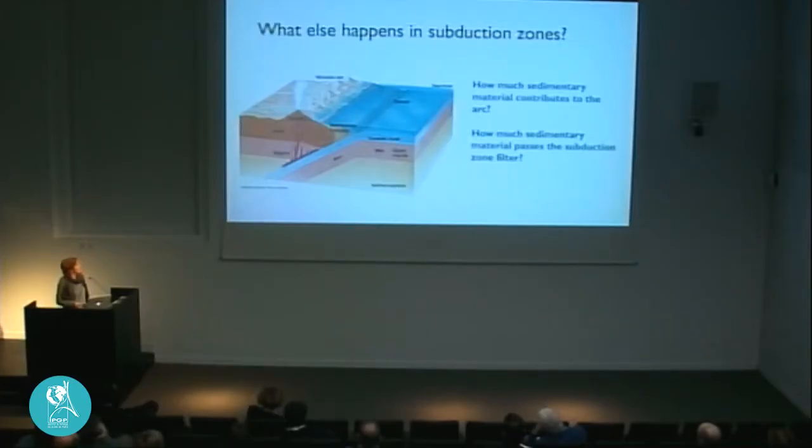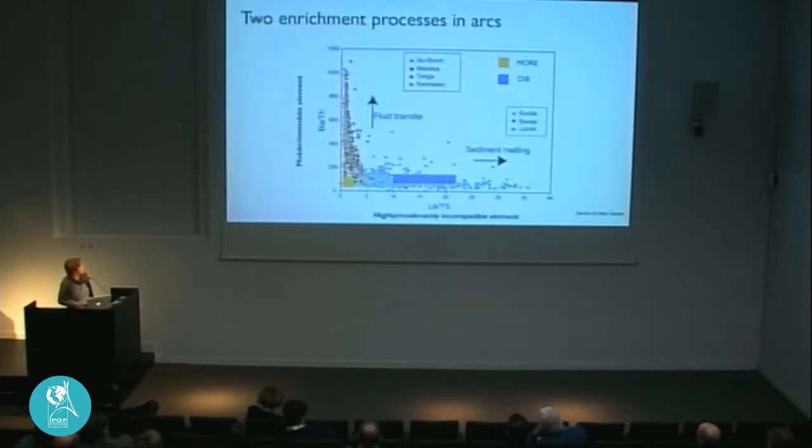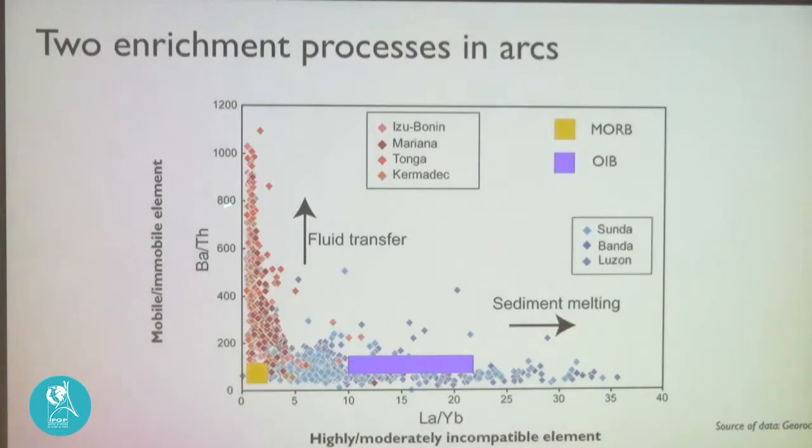So what else happens in subduction zones? I'm going to go through that a bit quickly. I guess most of you know that in arcs there are two enrichment processes. There's a fluid transferred with a ratio of highly mobile to less mobile element, and there is some sediment melting, quantified by this ratio.